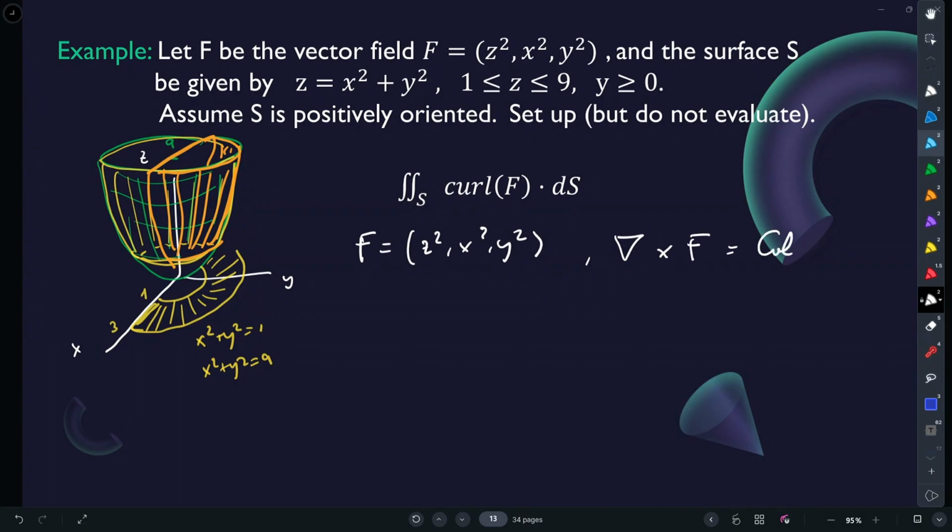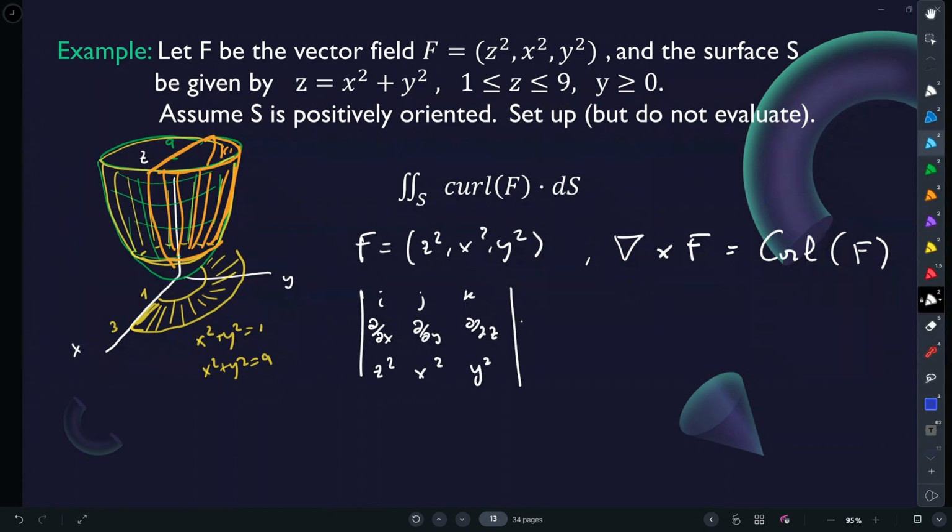This is called the curl of f. That is given by the determinant with i, j, k, then the derivative with respect to x, y, z, which is the gradient, and then f, which is z squared, x squared, y squared.